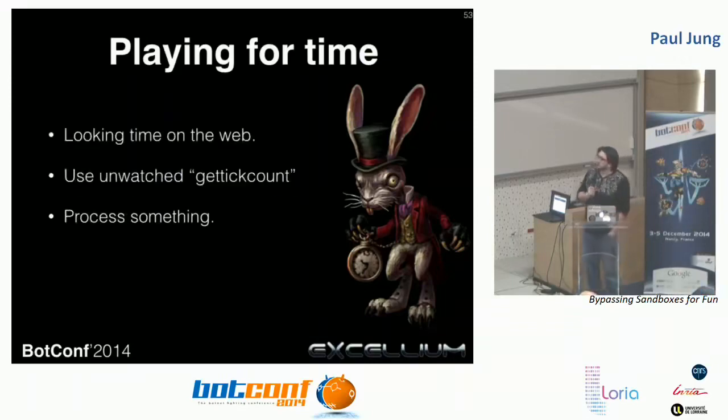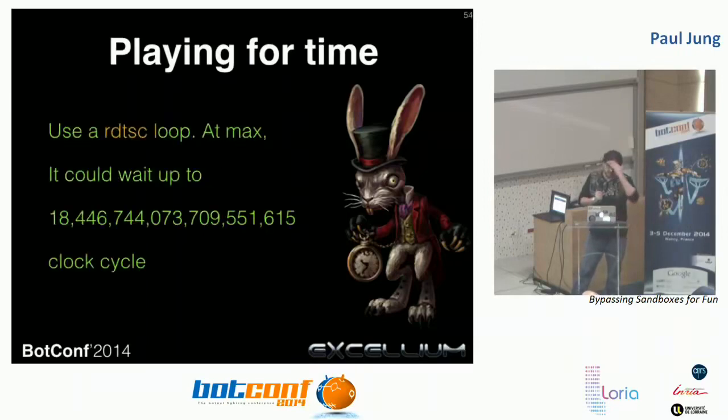You could take a look at the internet, take the time, load pages, and take a look at that. You could use some functions that are not hooked, like GetTickCount, which is currently used. Or you could process something. For example, I have done an RDTSC loop. RDTSC is an instruction which gives you the count of the cycles processed by the CPU.